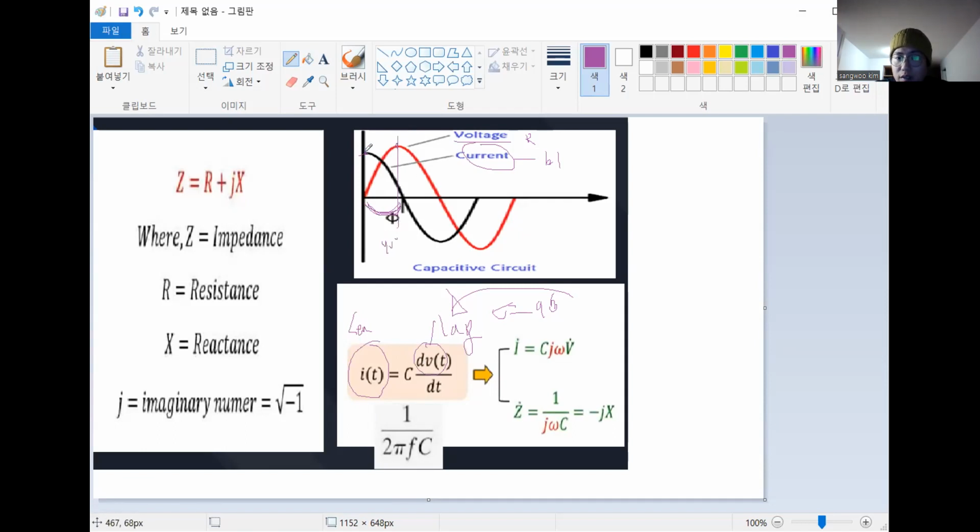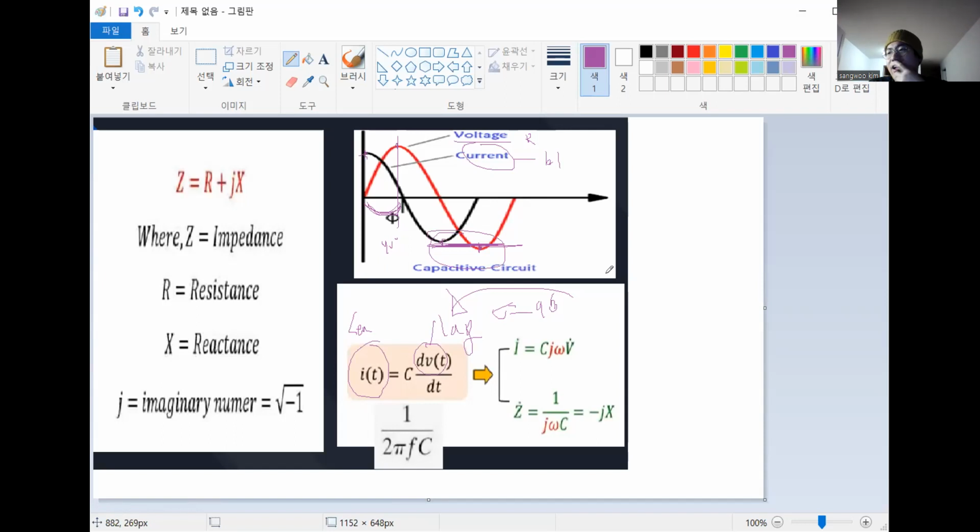Which one is faster? The current, black, is faster. Comparing these two parts also, current is faster than voltage. Voltage is lagging. So we say this is lead and lag.